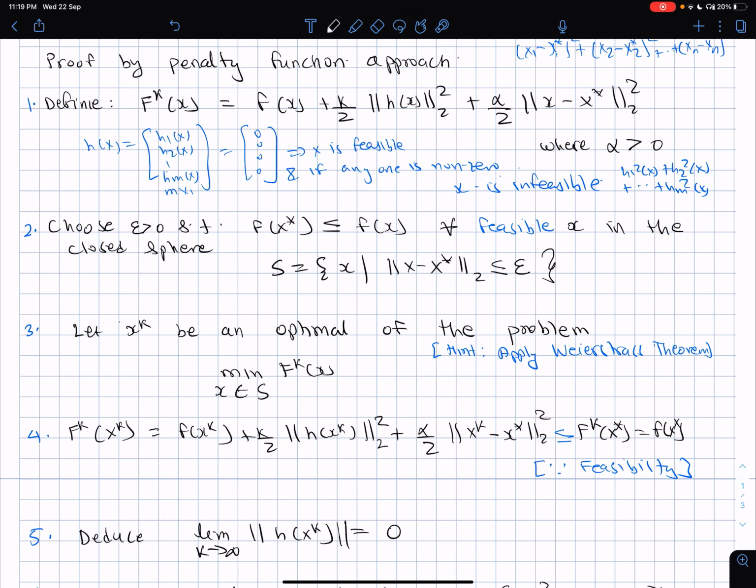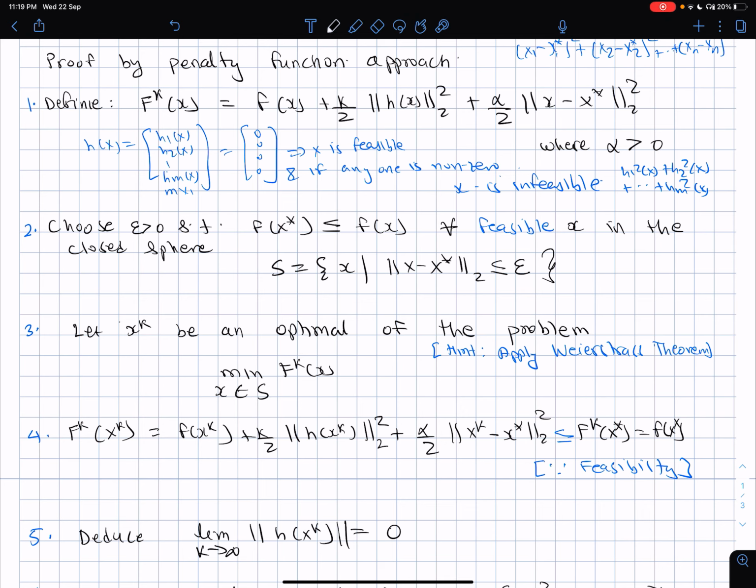So this is basically step 2, which is essentially reinterpreting, or technically writing, what I mean by x star being a local minimum of the constrained optimization problem.